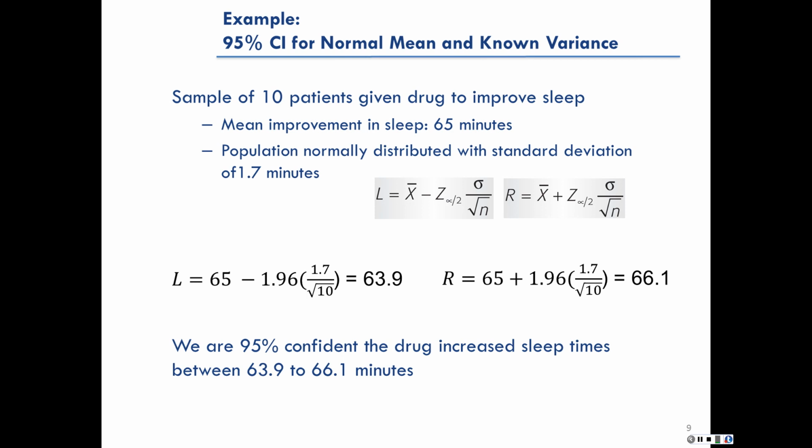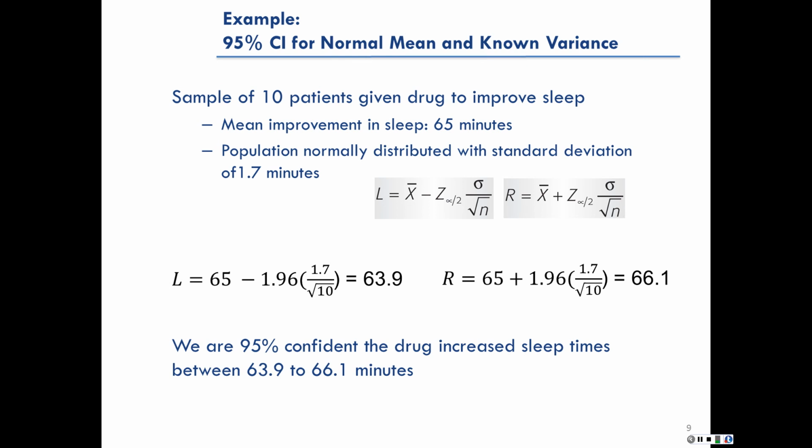That value of 1.96, that's the z-score. You multiply that by the population standard deviation over the square root of the sample size, and the result for your left-hand value is 63.9.